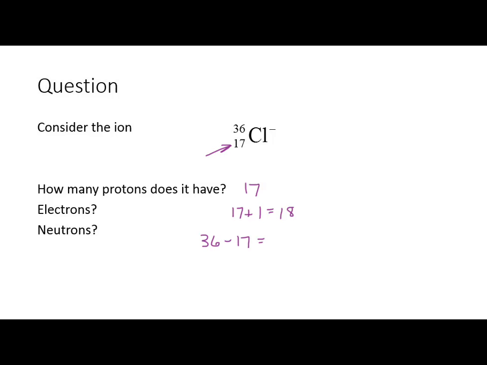So I'm getting 19 neutrons. So when this is just a minus, it's really a -1. Just fill in the 1. They do that a lot in chemistry. If there's no number after the symbol, it's just understood it's 1. So that's the same thing as a -1.